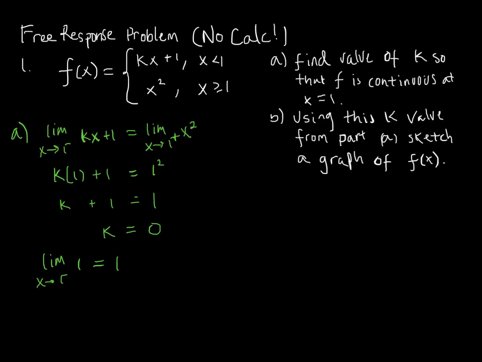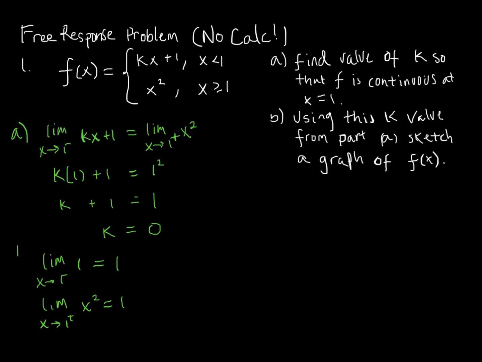So that's just equal to 1. And the limit as x approaches 1 from the right of x squared, again, this is a continuous function everywhere, so I just plug in 1 and 1 squared is 1. So sure enough, the limit exists and is equal to 1, and now we just need to make sure that f of 1 is also equal to 1.